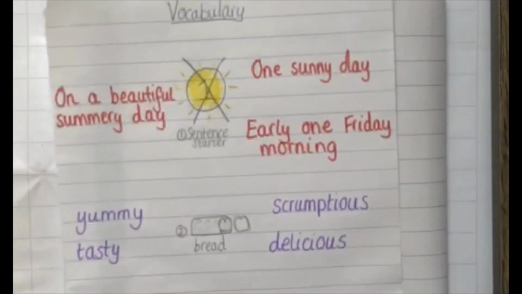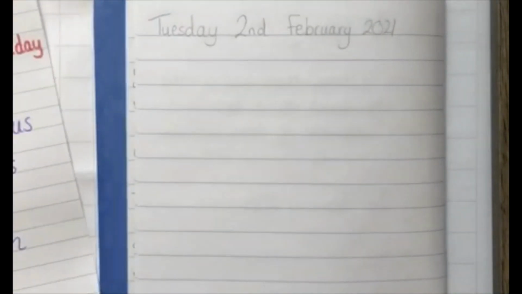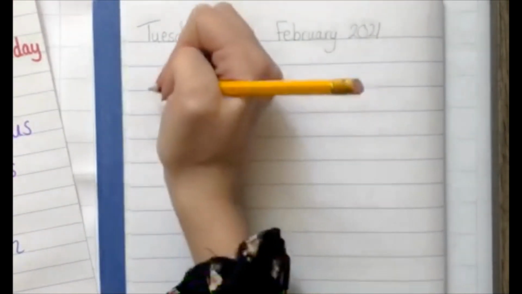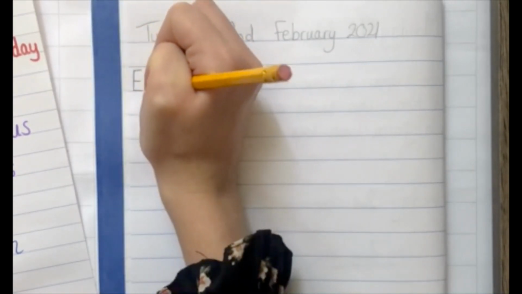So first I need to pick an interesting sentence starter. So rather than one day, I'm going to pick something else. I would like to pick instead early one Friday morning. So starting with a capital letter. Early.